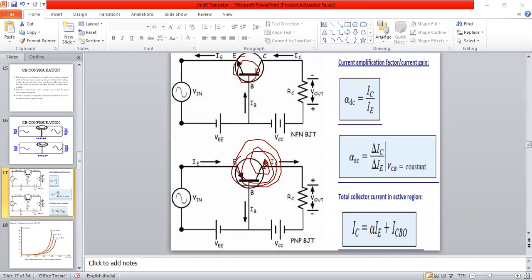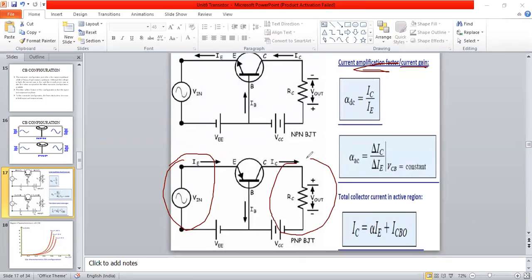Next we will discuss the current amplification factor, or current gain. According to this circuit diagram, what is the input? This is the input, this is the output.